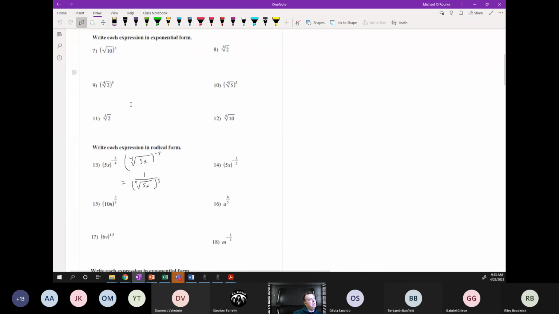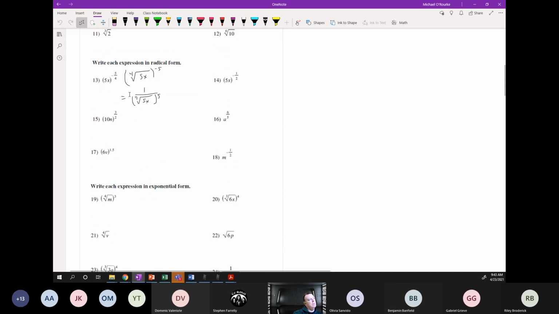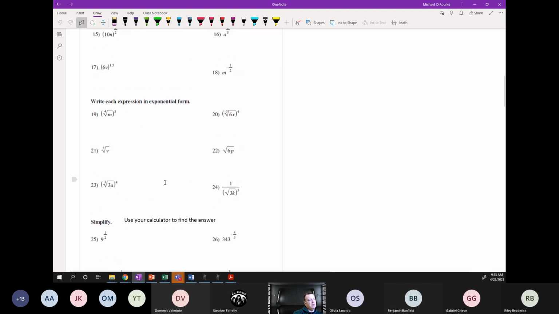And this is going from radical to exponent. Same one here. Same here, just with letters. And for this one here, for example, the 3a, just treat it as we did a number before.